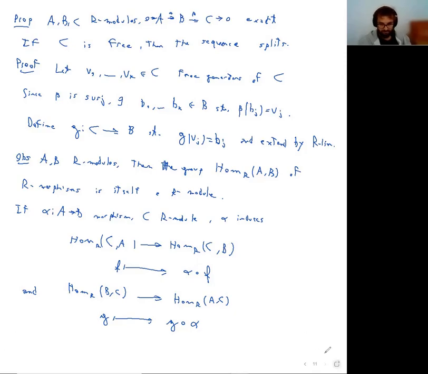There are a few facts about this functor, the hom functor, which I'm just going to state. Some of them are easy, some of them are not so trivial, but I'm just going to give it as a list. First of all, if you take homomorphisms from R itself into A, this is the same as A. You just take phi and send it to phi of 1.